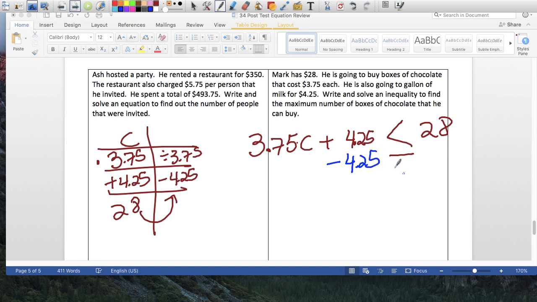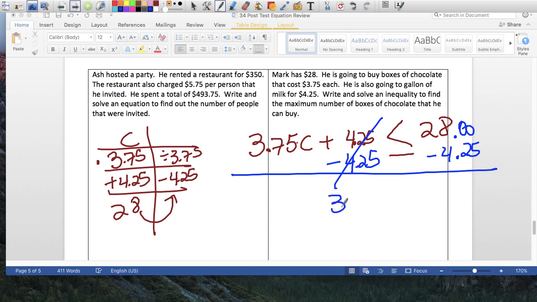Minus 4.25, minus 4.25. Line up your decimals. This becomes 0, so I bring 3.75C down, less than or equal to, and here it becomes 23.75.